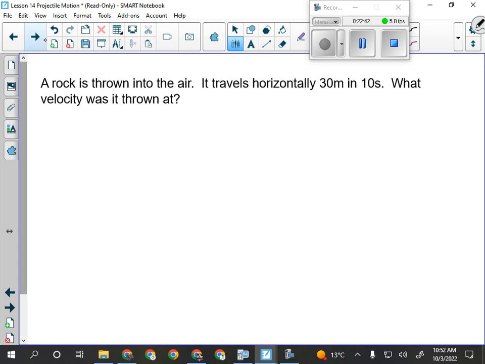Okay, so this one is looking for the velocity it was thrown at. So that means you're looking for this and this. This one is mathematically not difficult, but there's a trick to getting to the math.